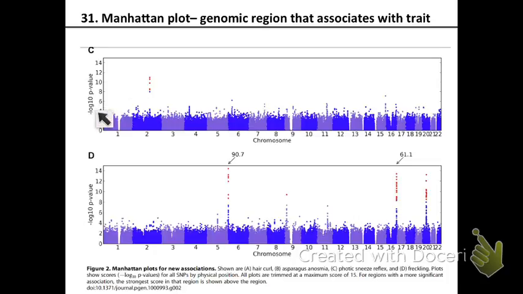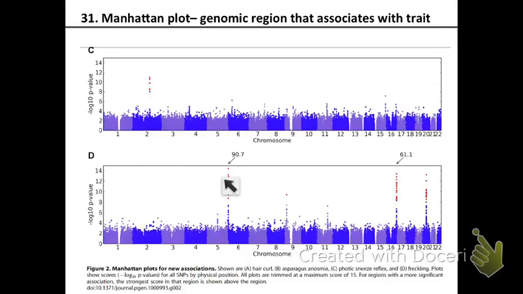It's plotted on a negative log scale. So if the p-value here is higher on the plot, that's going to tell you that SNP might be associated with the trait that you're looking at. So here, those SNPs that were found to be significantly associated with the trait are found on chromosome 2 at a certain location, right?